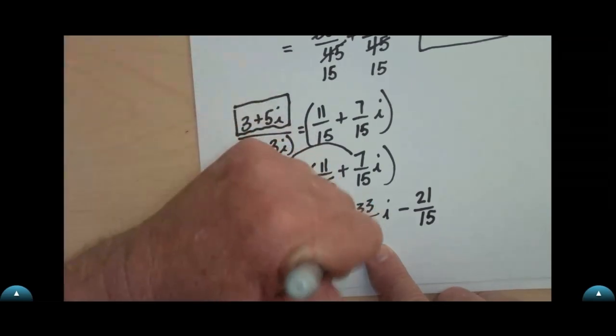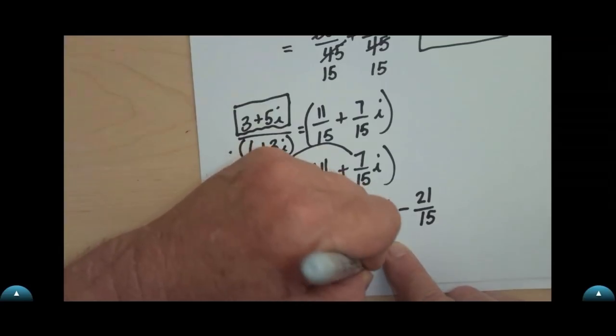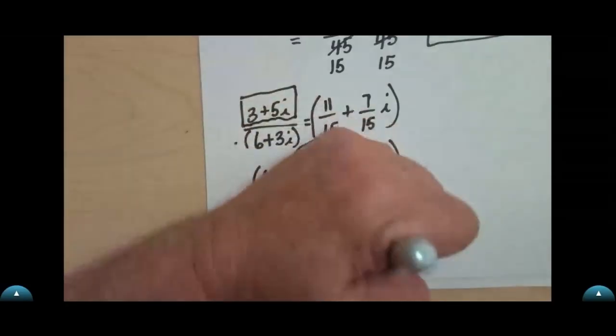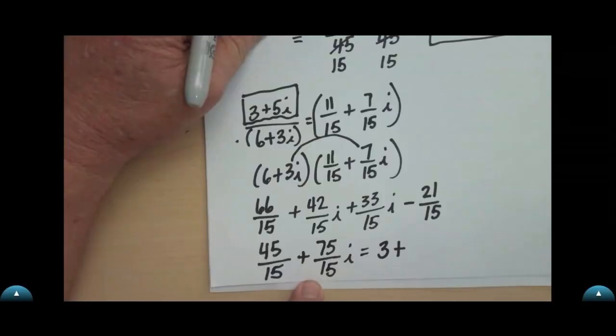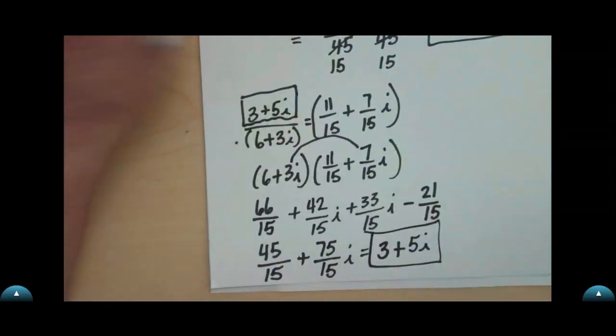So I get plus 75 over 15i. Well, 45 divided by 15 is 3, plus, isn't 75 divided by 15 5? So plus 5i. And that's what we're supposed to get. So we really did do a division problem.